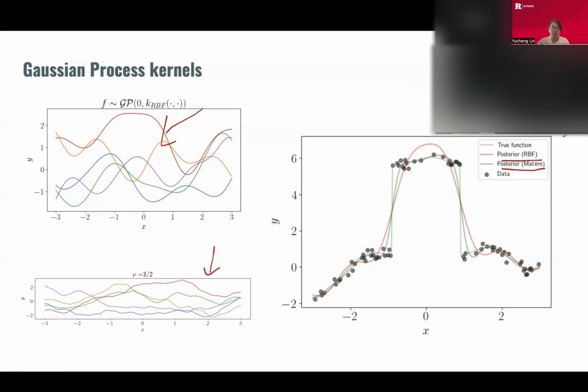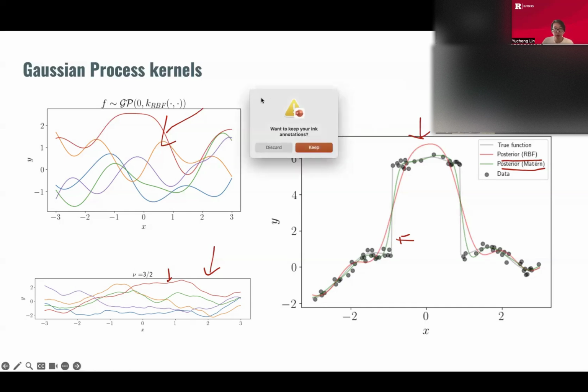Here we are using the Matern 3/2 kernel, which is once differentiable. This curve is less smooth than the RBF kernel. The prediction by the Matern kernel is the green line, which can change more abruptly compared to the red line, which changes really smoothly.